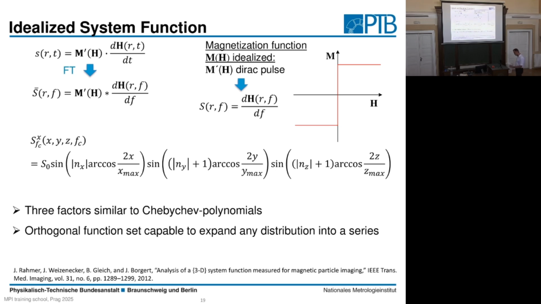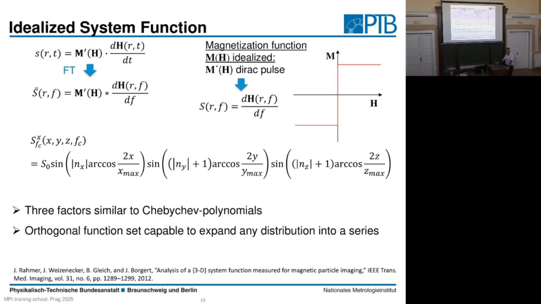Okay, and now the last. Yes, I have spoken about orthogonality, and until now we cannot say what the equation system of MPI is, how we have to categorize this. And due to the fact that we measure it, it's not so easy.